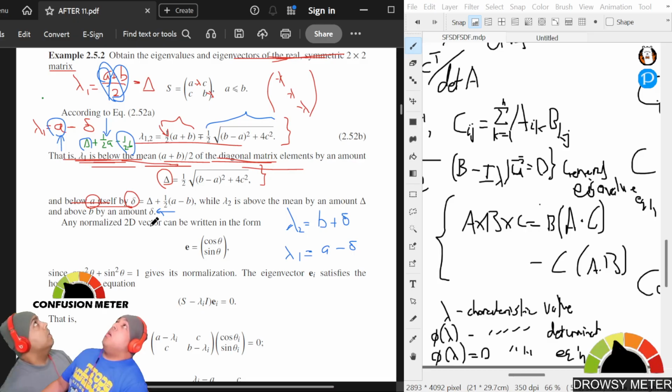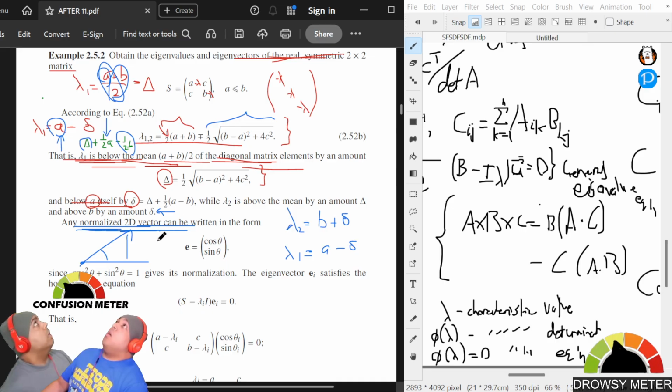Any normalized 2D vector can be written in the form E equals cos theta, sine theta. What do you mean normalized? Does normalized mean you turn it into a unit vector?